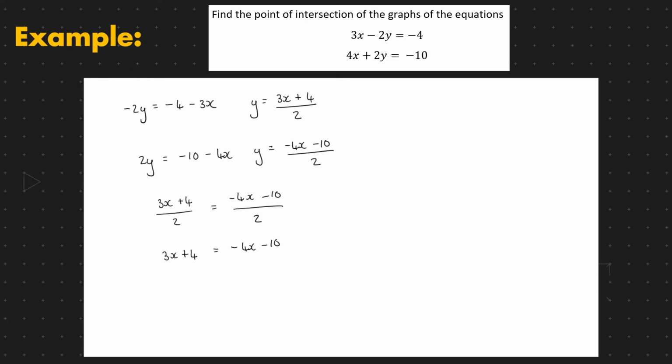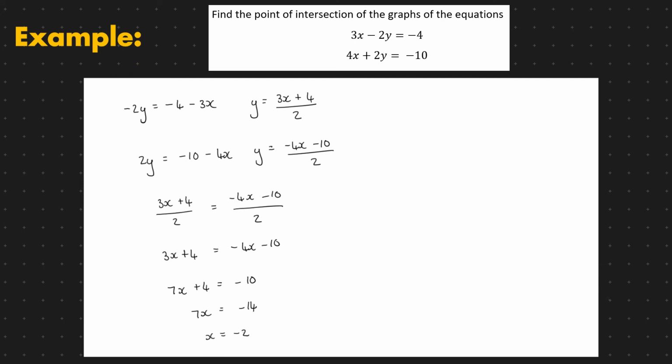So if we add 4x on both sides, we're going to have 7x plus 4 is equal to, so negative 4x plus 4x, that's going to be 0, and negative 10. And if we subtract 4 on both sides, we're going to have 7x is equal to, so plus 4 minus 4, that will give us 0, and negative 10 minus 4, that will give us negative 14. So x is equal to negative 2.